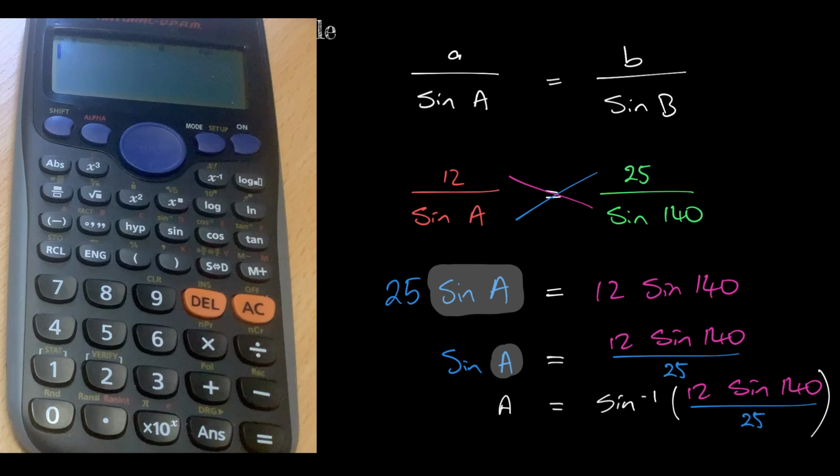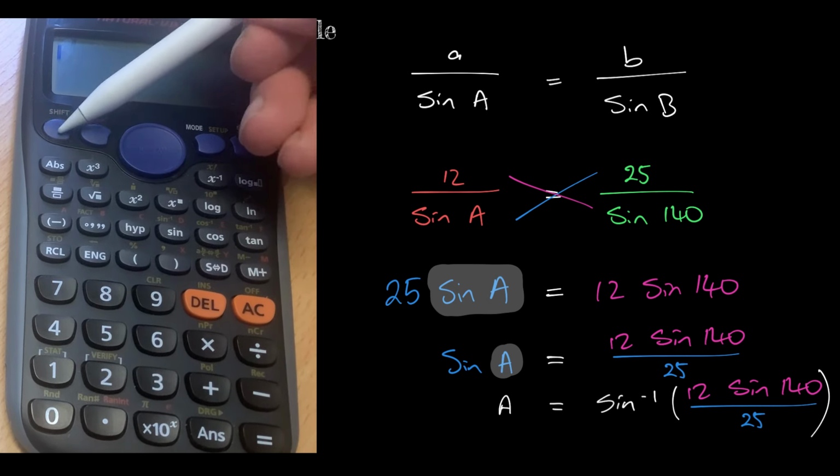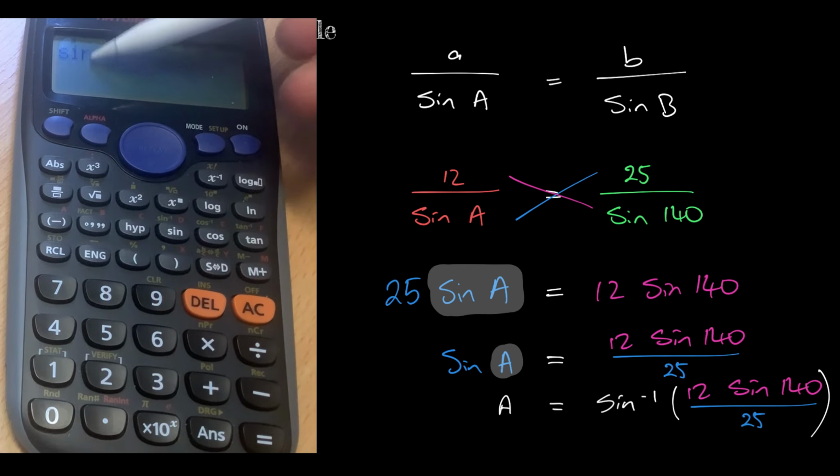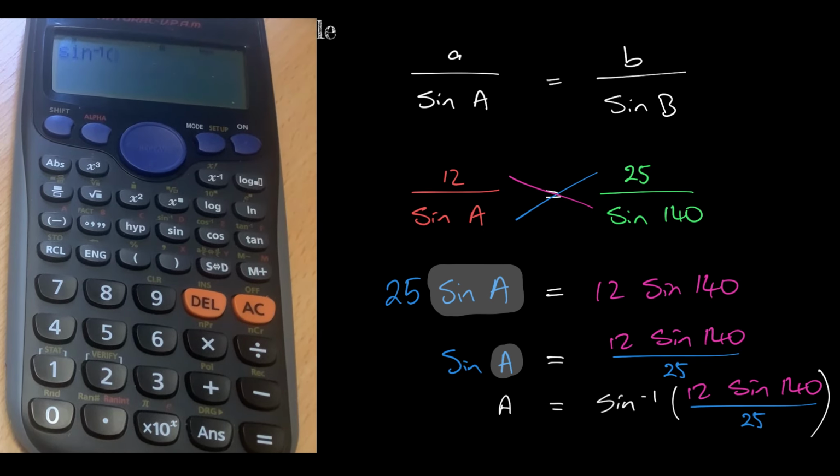Okay, so if you just turn on your calculator there, you need to type this in, so you need to put in sine inverse. So you press on, clear it, press shift, press sine, and you can see there you've got sine inverse. Okay, we now need to put in the fraction.